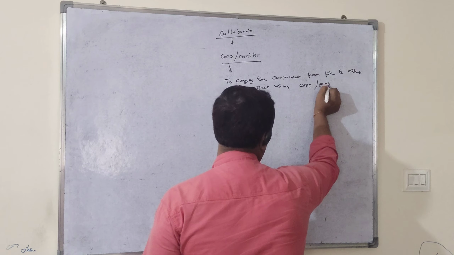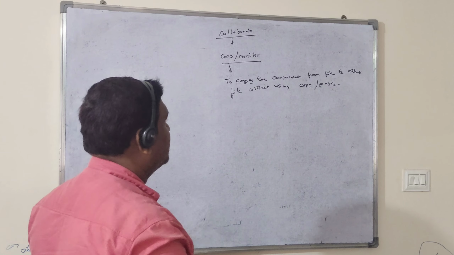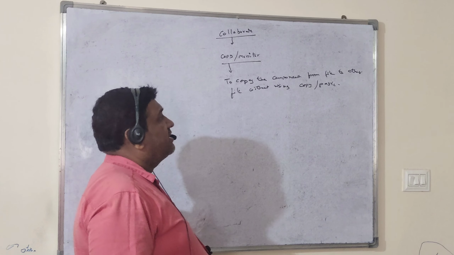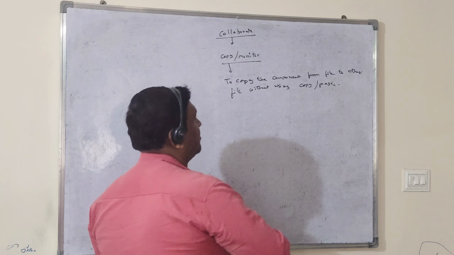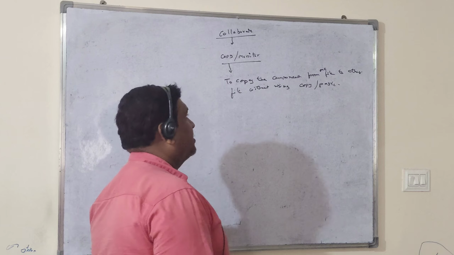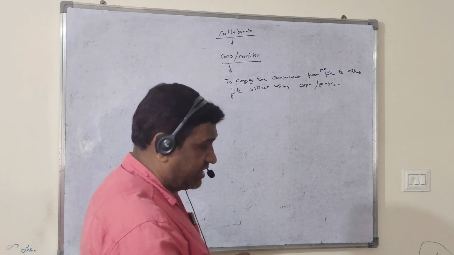This Copy Monitor is used in such a way that we can directly copy the component from one file to another file without using copy paste. Ctrl+C, Ctrl+V we can't use here.